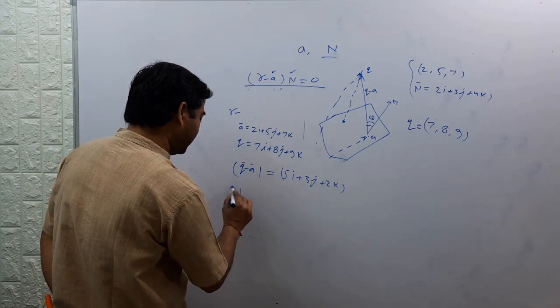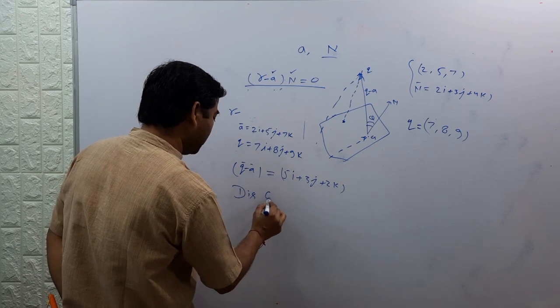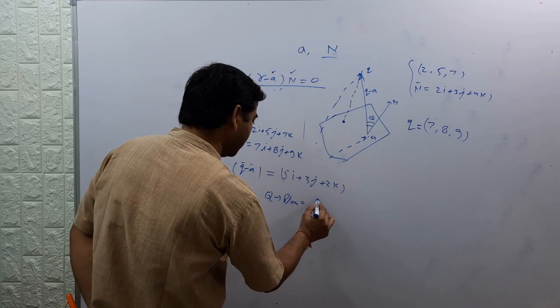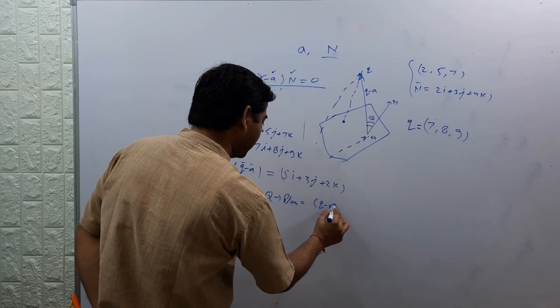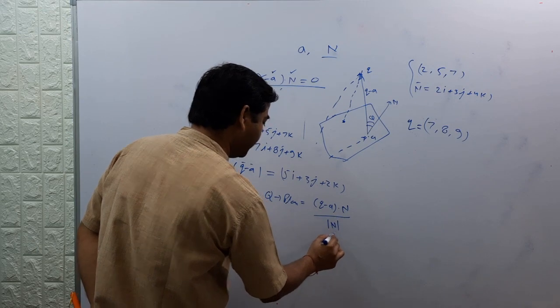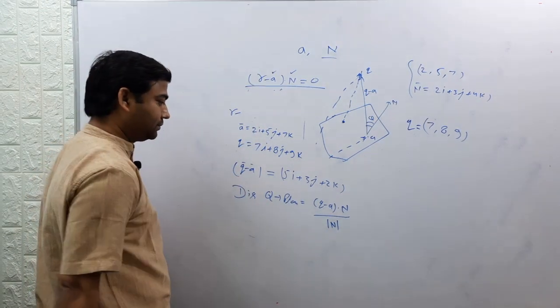So the perpendicular distance from point Q to the plane is equal to Q minus A dot N by mod of vector N, which we have derived earlier.